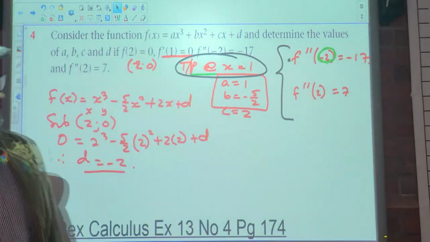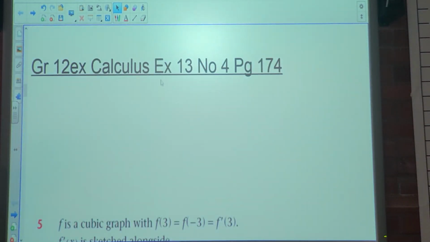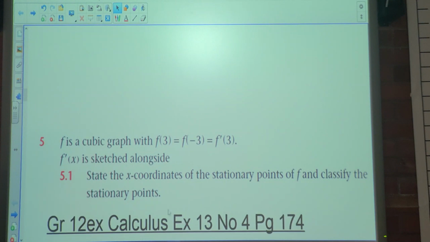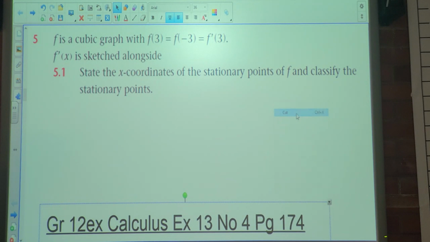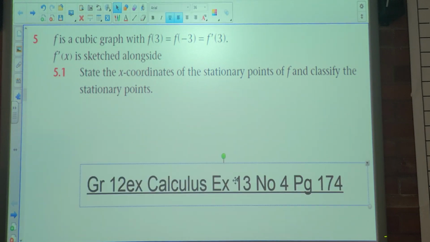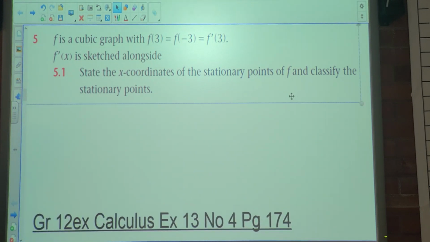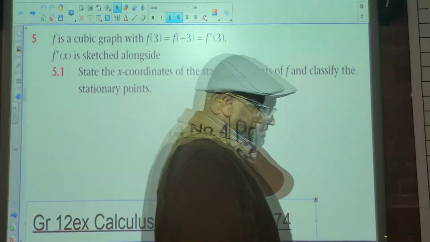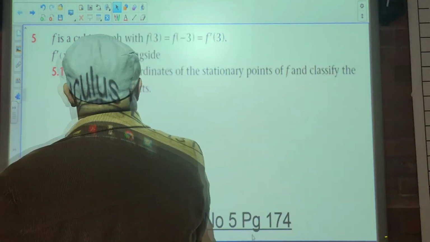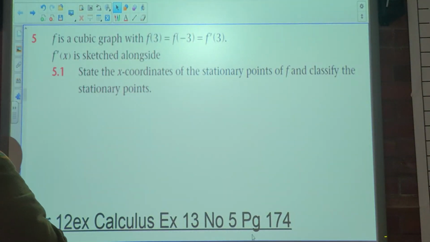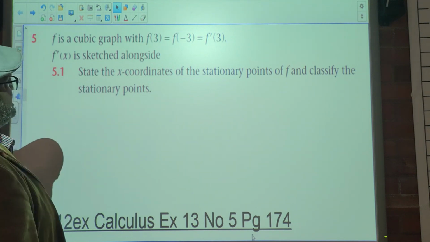Then number 5. And then number 5, you are told that f is a cubic graph with f of 3 equals f of minus 3, which is equal to f prime of 3. F prime x is sketched alongside.